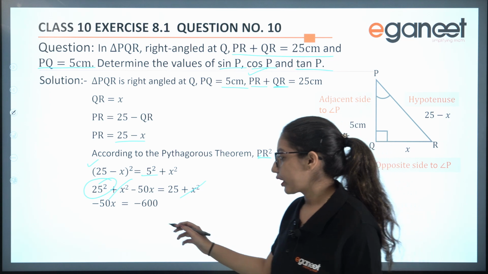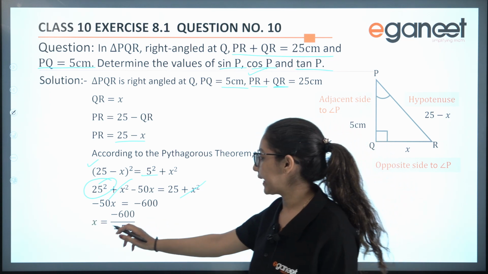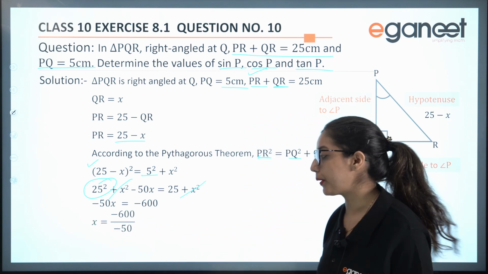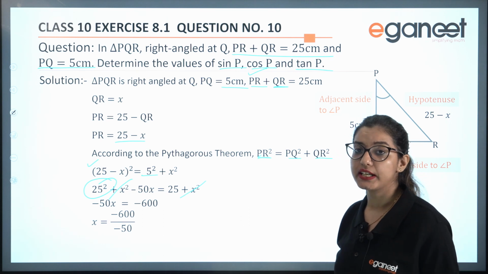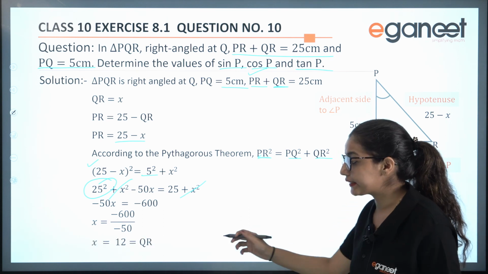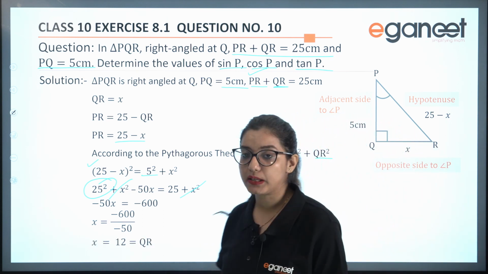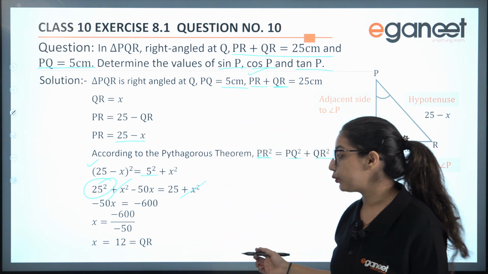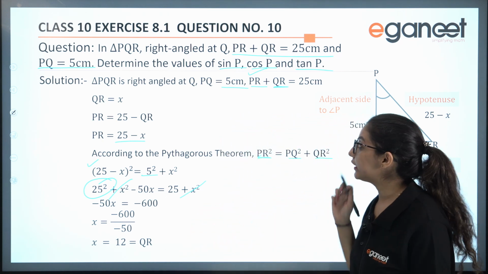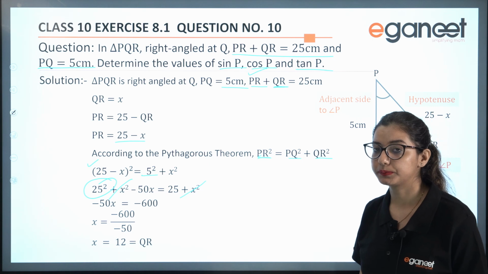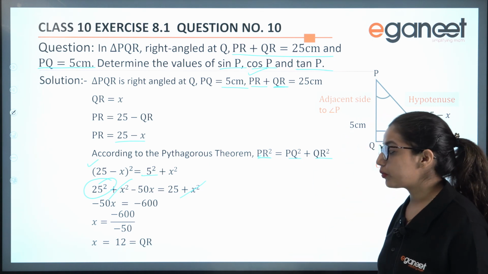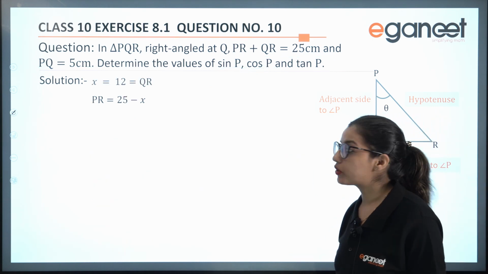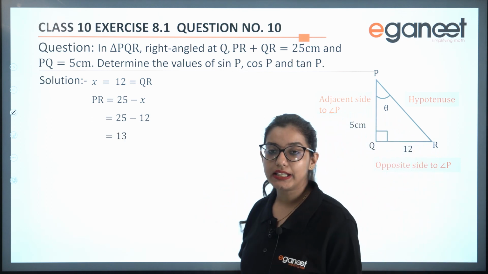So here we have x is equal to minus 600 upon minus 50. So what do we get x as? Yes, we get x as 12, which is nothing but QR. Now that QR is 12, can you find the value of PR? Yes, it is 25 minus 12. So it will be 13, right?